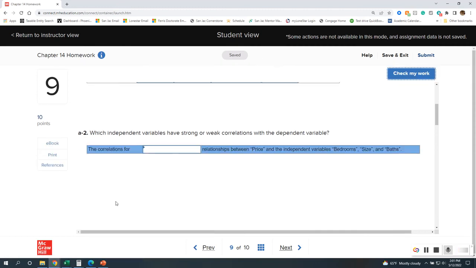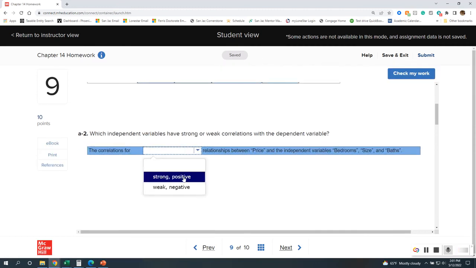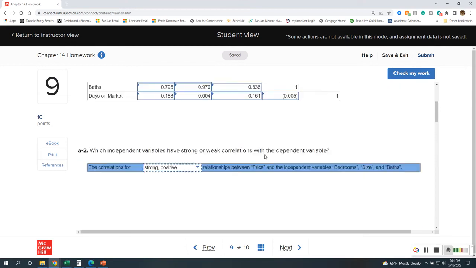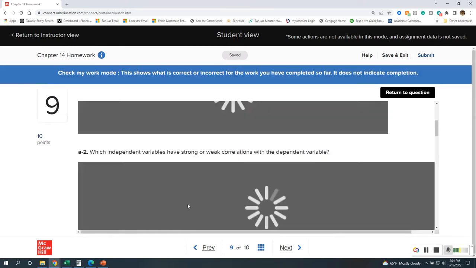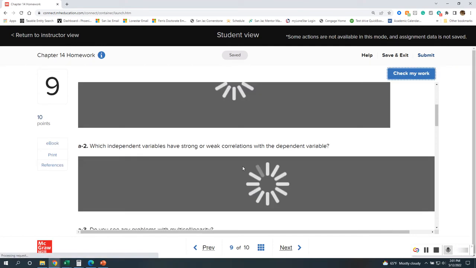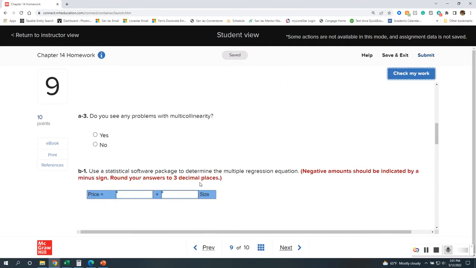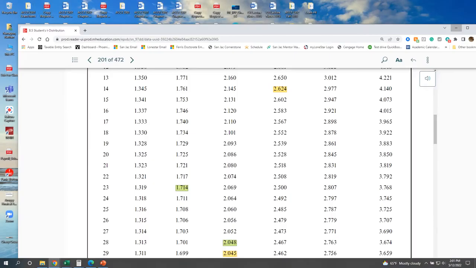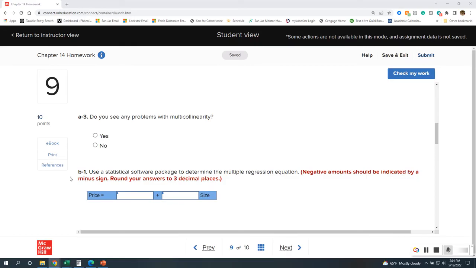So they probably have a strong positive, mostly with price. So do we see any problems with multicollinearity? Yes.